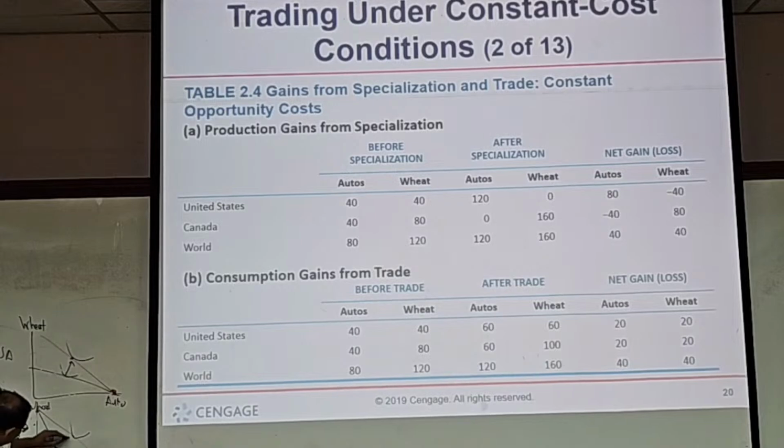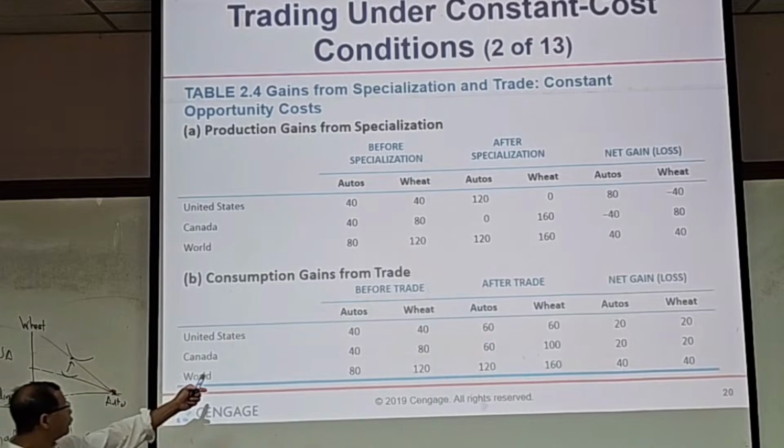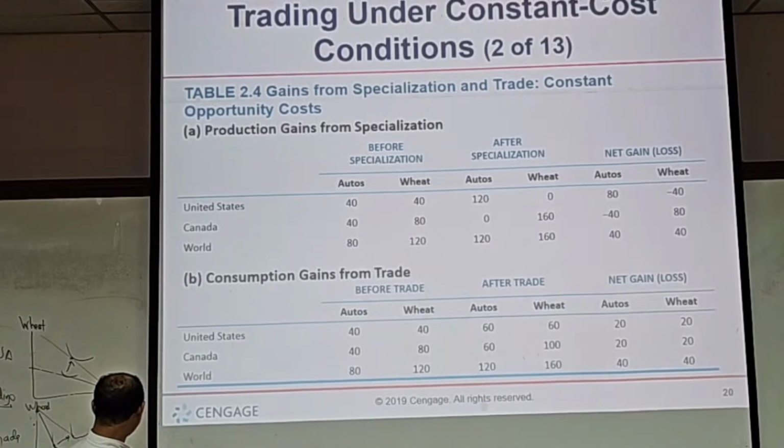And also, that is the increase we're talking about. Got it? So, consumption of wheat.